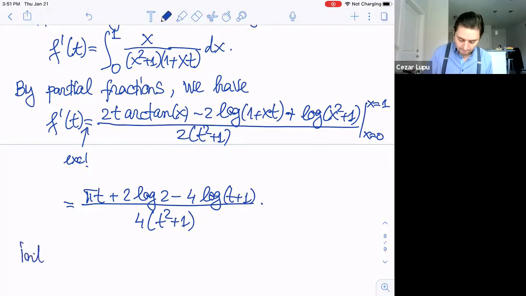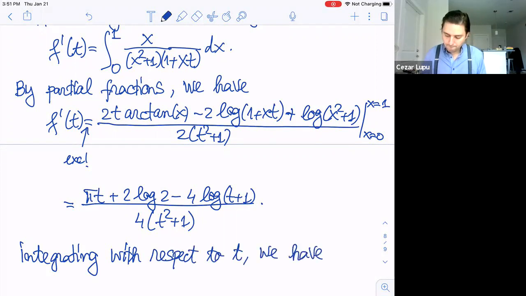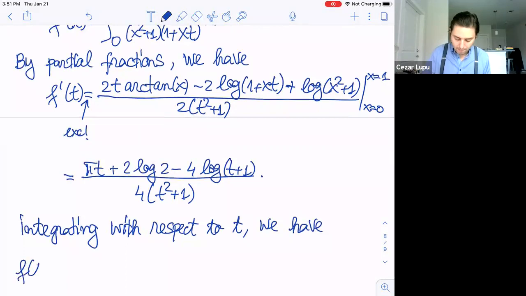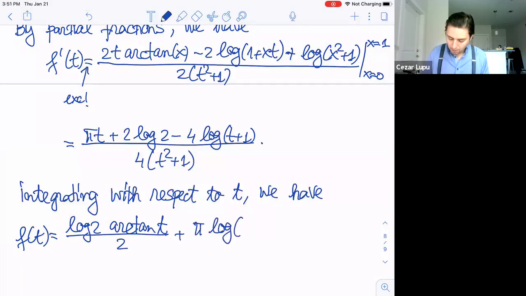Integrating with respect to t, we have f of t is log 2 arctangent of t over 2 plus pi log of (1 plus t squared) over 8, and minus, and here we have this integral.